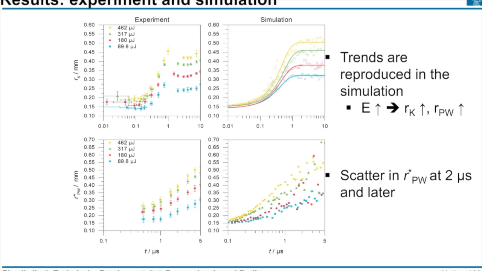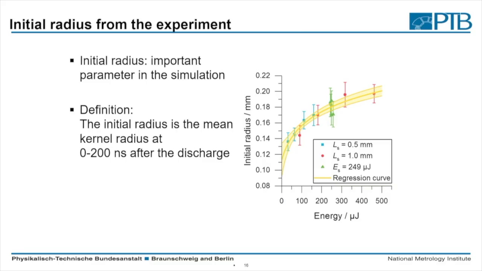This is just a comparison of numerical calculations. We see the same effect in the numerical part. The higher the initial energy, the bigger the initial radius of the hot kernel, and the bigger the initial starting radius of the pressure wave. So this initial radius is then an important parameter for the simulation.